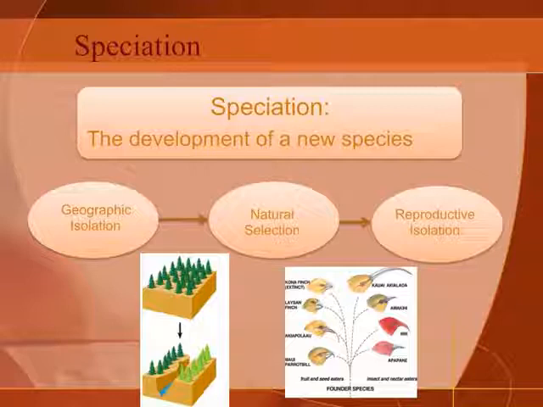With reproductive isolation, those two groups are now so different that they can no longer interbreed. They are not able to mate and produce fertile offspring. They are separate species. They are reproductively isolated.